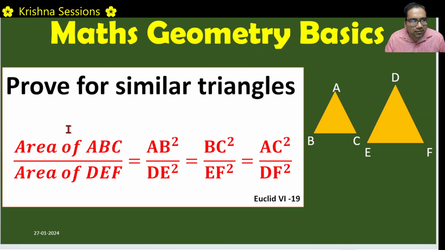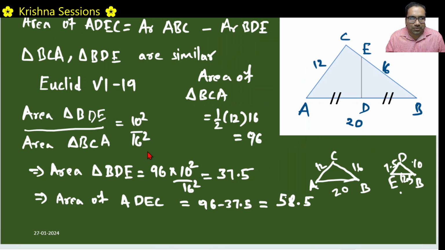This is Euclid's sixth book, 19th proposition, which we have already proved in one of our earlier videos. Please go through that once, and let's directly use that proportion now.